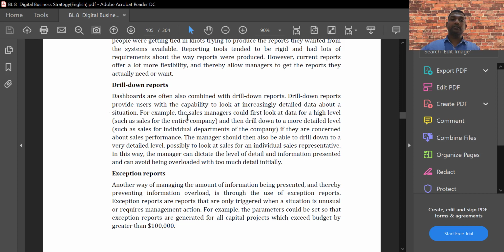For example, a sales manager could first look at the data for a higher level such as the entire organization, and then drill down to a more detailed level such as the individual department, or as given in the question, individual sales representatives' performance. So then it can be drilled down to a very detailed level up to individual figures as well.